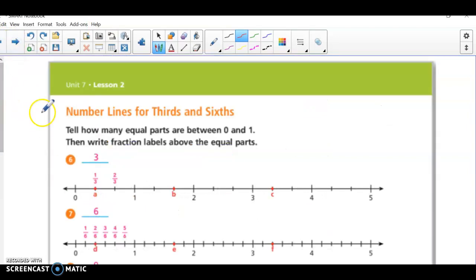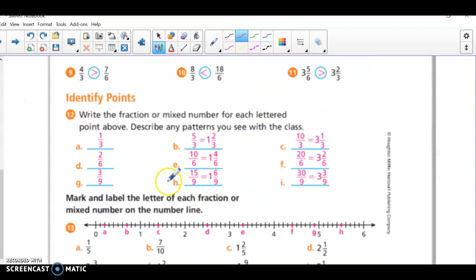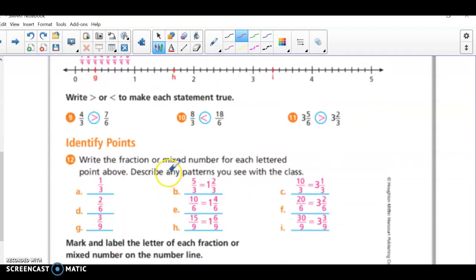All right. Now let's check out those answers. Okay, so here's 12, right? And so what we were doing is we were counting, finding thirds, sixths, and ninths, and we were trying to figure out how far away from 0 we were with all those. So, for example, the bottom row was always in ninths, the middle row was always in sixths, because that's the number line they were on.